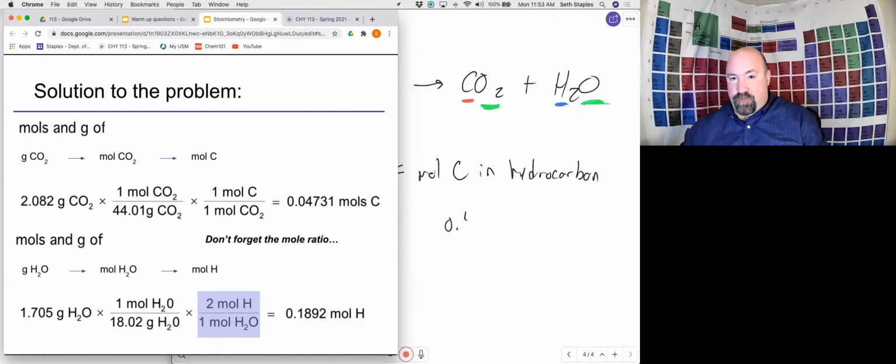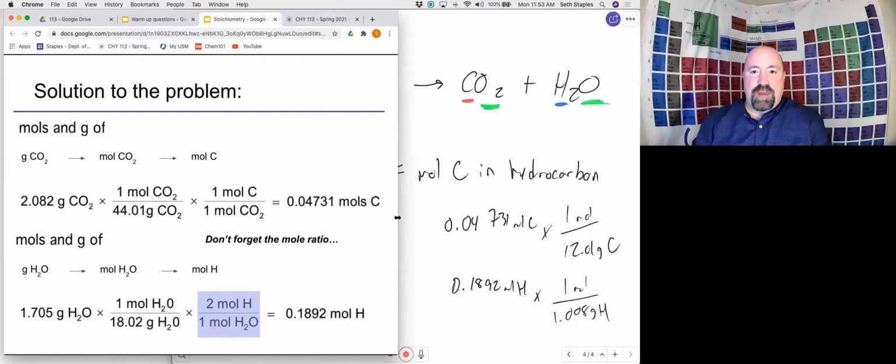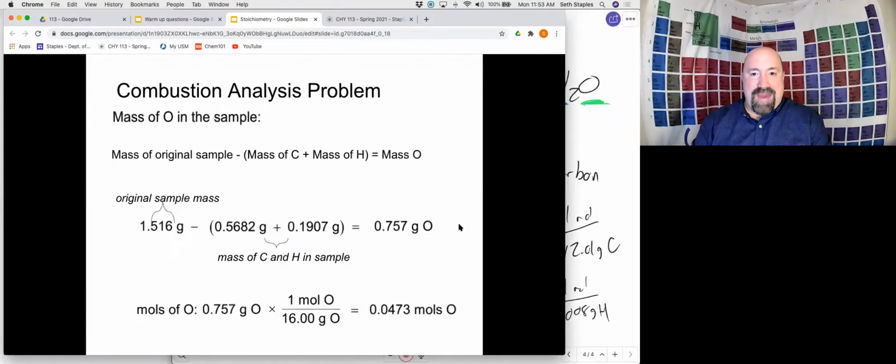So this is 0.04731 moles of carbon, using the molar mass to convert to grams. And 0.1892 moles of hydrogen, times its molar mass. And that is what then gets us to the mass of carbon and hydrogen that had to have initially been present.